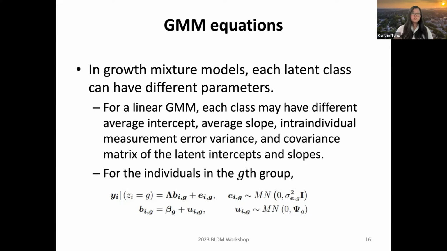In the traditional growth mixture models, we assume the measurement errors follow a multivariate normal distribution at level 1, and at level 2, the random coefficients together also follow a multivariate normal distribution with a covariance matrix Psi_g. Okay.